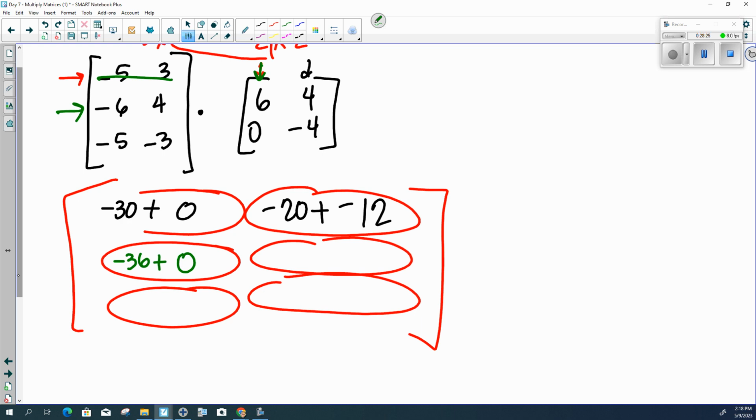Turley, what now? And which one? -6 times 6. Okay, I want you to help out. So we're here. Moving the arrow. We're on the second row, and we're on the second column. So there and there.